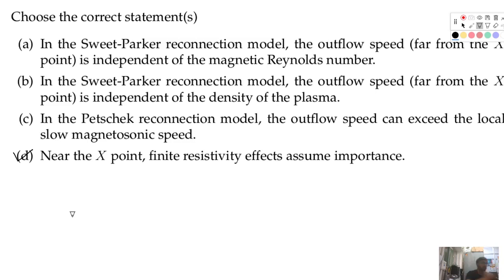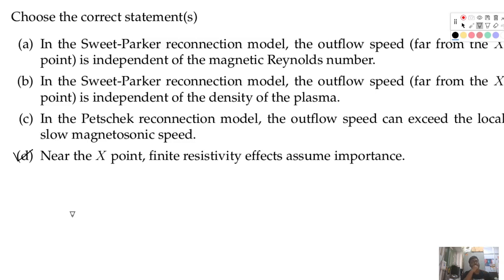But what happens is, since your diffusion time scale in that case will be much higher, it cannot explain those impulsive scenarios like the solar flares, because those are happening at much smaller time scales, and this Sweet-Parker reconnection model cannot explain that due to the longer time scale of diffusion.